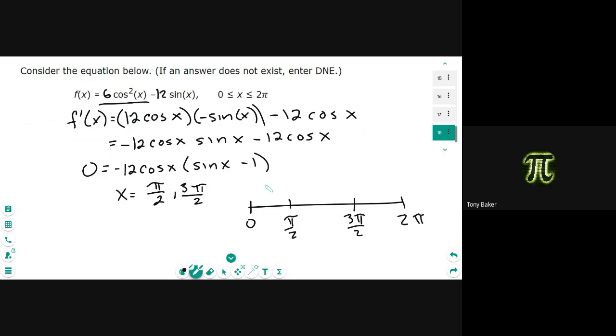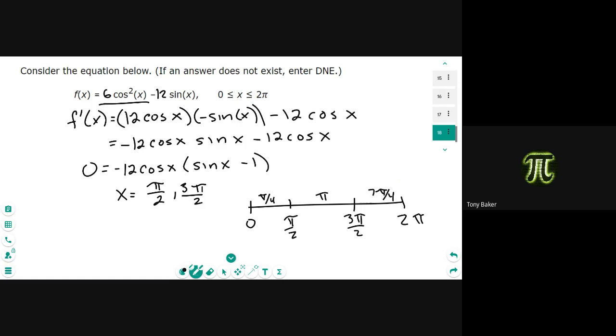I need a number in between each one, so let's do pi over 4, pi, and 7 pi over 4. So we just need to know when those are.